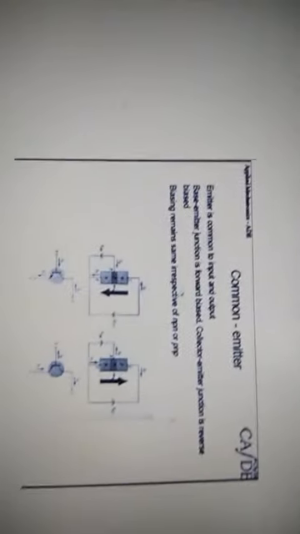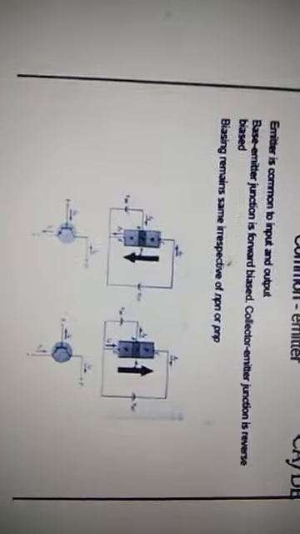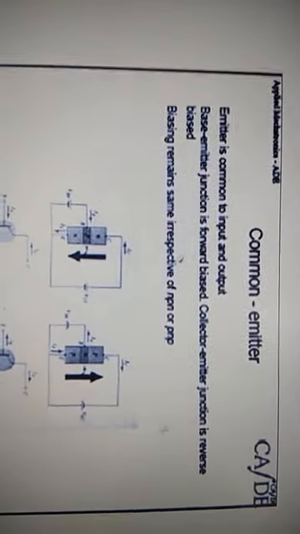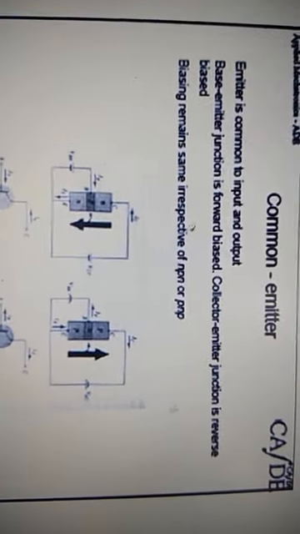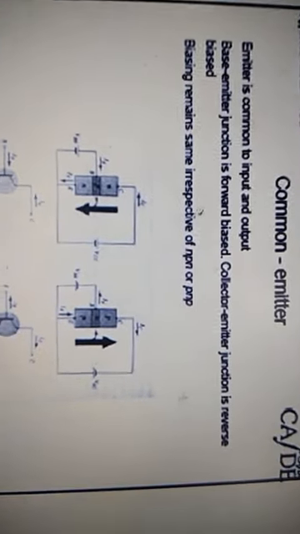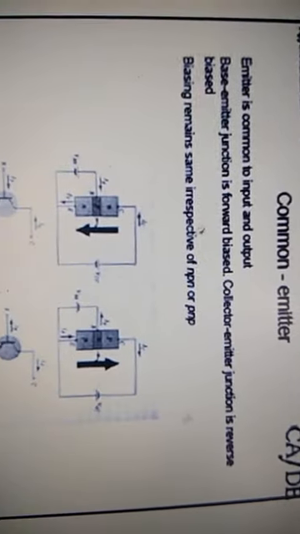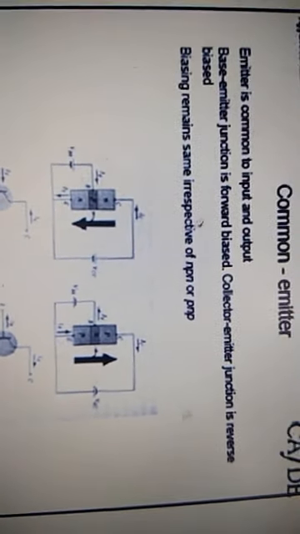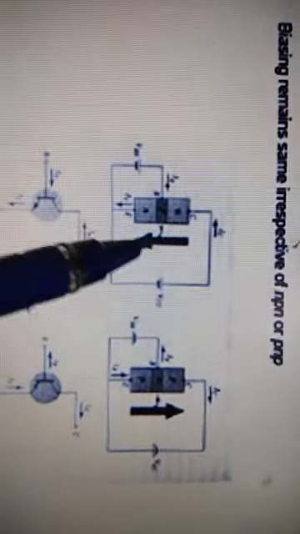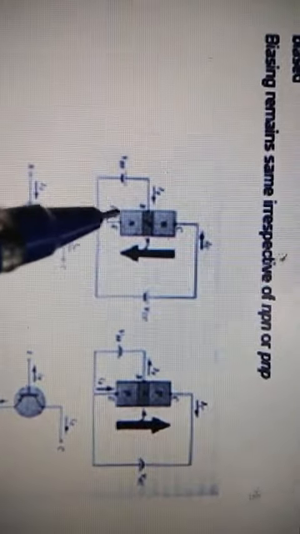You can see this is the common emitter configuration. Emitter is common to input and output. Base emitter junction is forward bias and collector emitter junction is reverse bias. Biasing remains same irrespective of NPN or PNP. You can see this diagram. Closely I am showing you. This is NPN transistor and this is base to emitter.